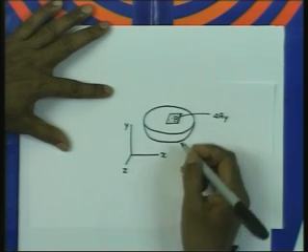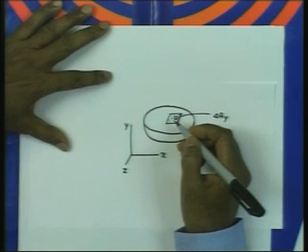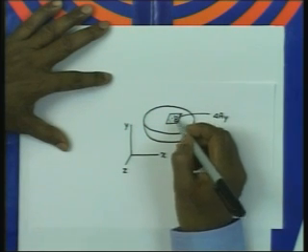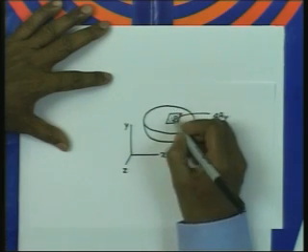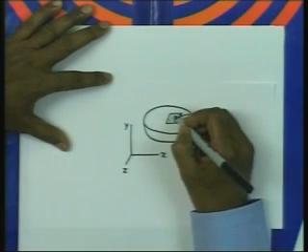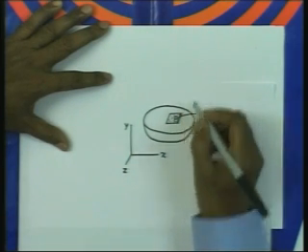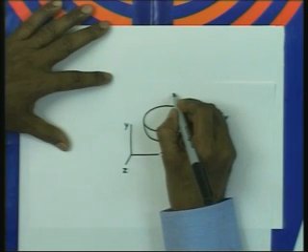Now the force which is applied by the second part on the first one at this point would have again some arbitrary orientation, and it can be resolved into components like this.